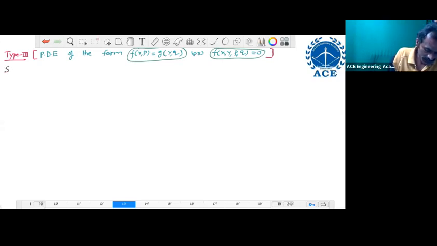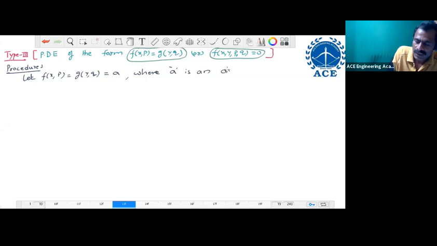Read the procedure. Let f of x comma p equal to g of y comma q equal to a, where a is an arbitrary constant.